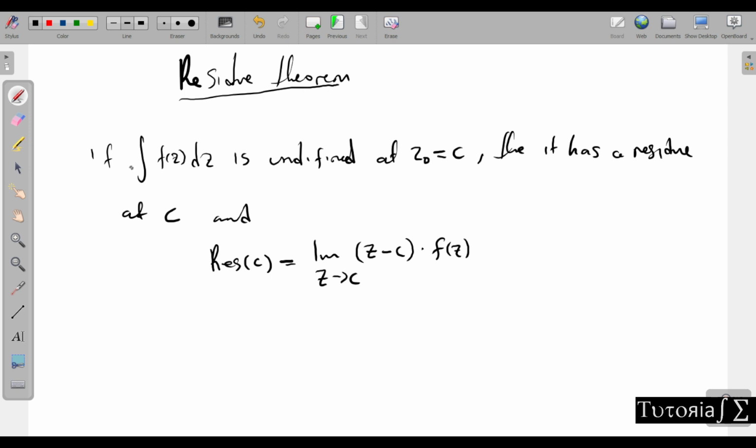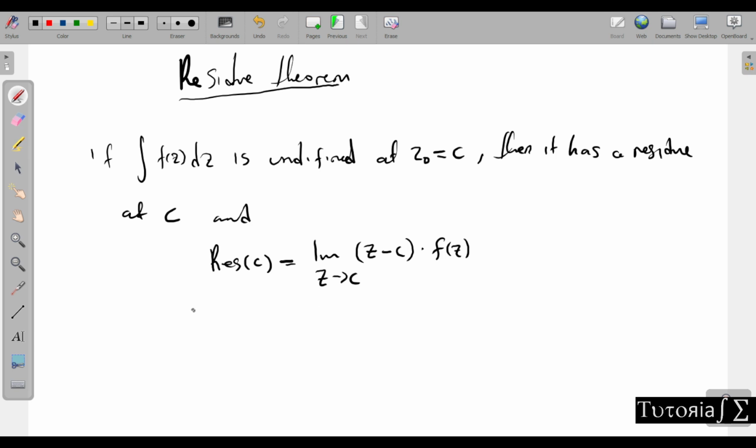So if f of z is undefined at this point, then it has a residue at that point, which is c, and we find that residue using this formula.